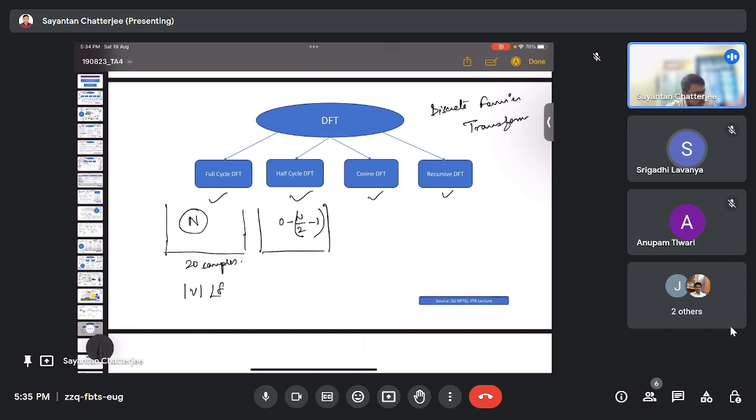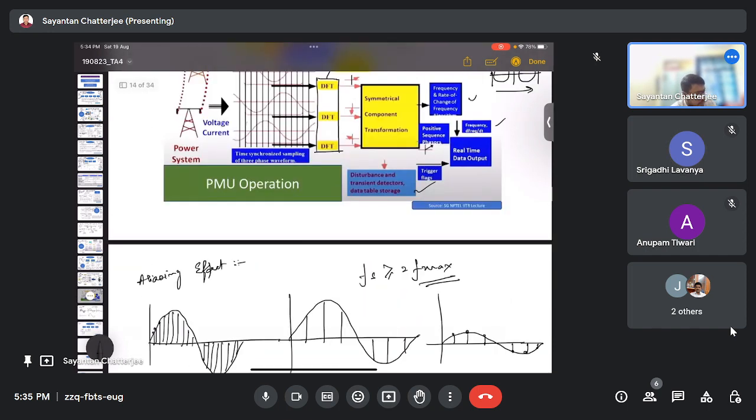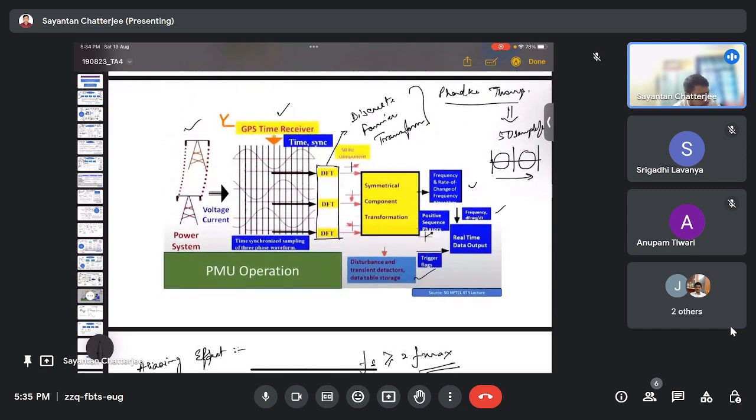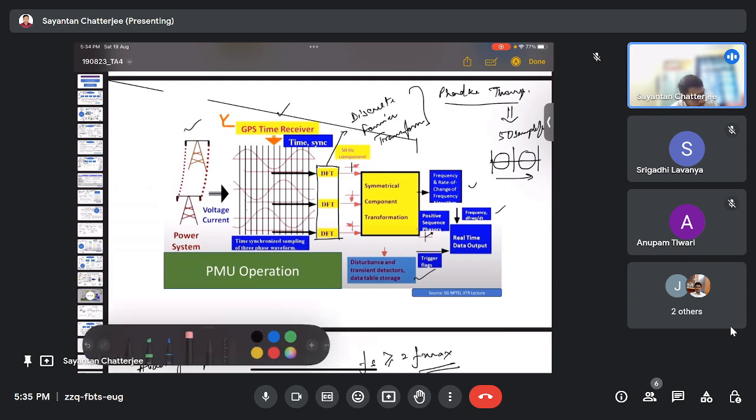It is the phasor estimation technique that I previously discussed in this slide. This is the phasor estimation technique which is generally performed after getting the data from the PMUs. The PMUs take the analog inputs, which are connected to the CTs or PTs, and based on that the DFT performs the discrete Fourier transform of the signal so as to obtain the voltage magnitude and phase angle, and that's the main objective.